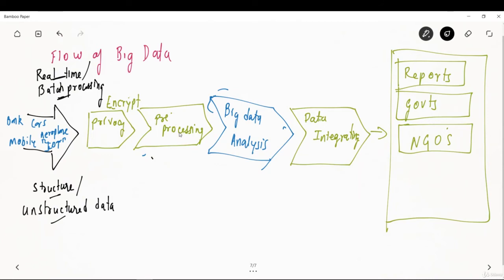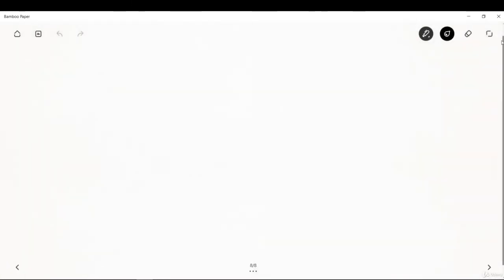Then it went to pre-processing. Finally it went to big data analysis where the insights were found and given to data integration. And after data integration, reports can be generated. The data can be forwarded to government agencies, to NGOs, and so on. So this is the data flow.